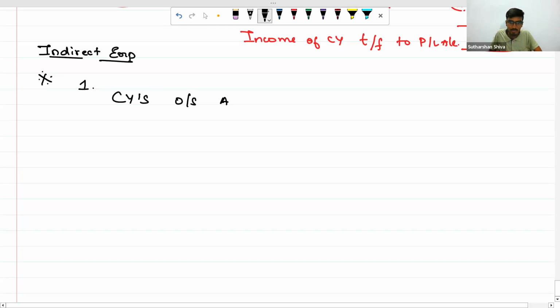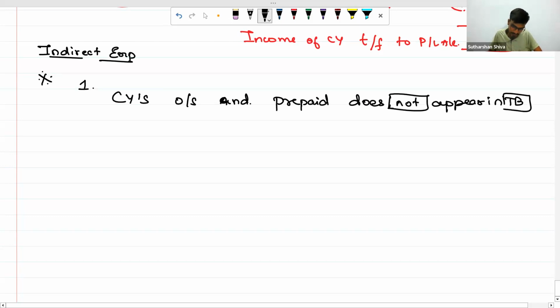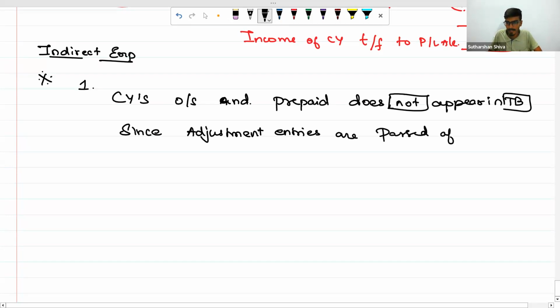Current year's outstanding and prepaid, suppose it does not appear in the trial balance, since adjustment entries are passed after the trial balance. Hence we are given the adjustment entries as additional information.